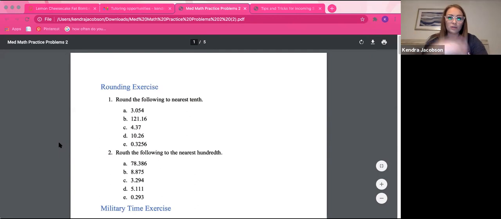If it's 4 and below, you round down. Easy enough. So of course, the next one you would want to do the 121 point, and then it would be the 2, just because it is a 6, and you want to round that up to 2.